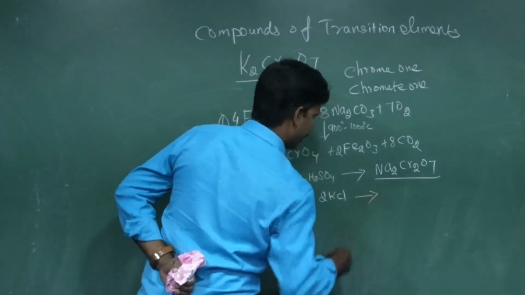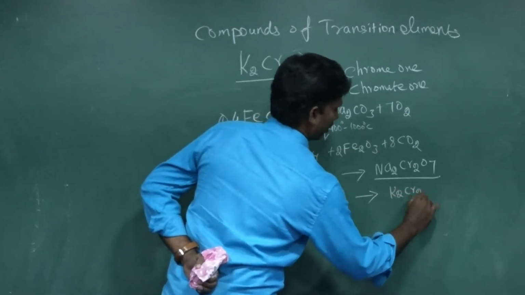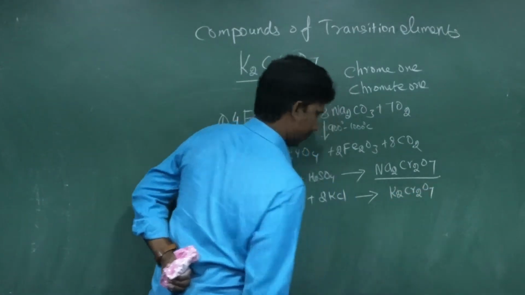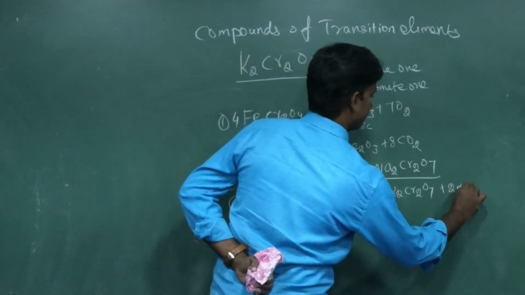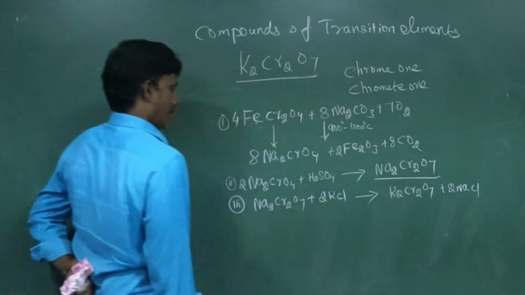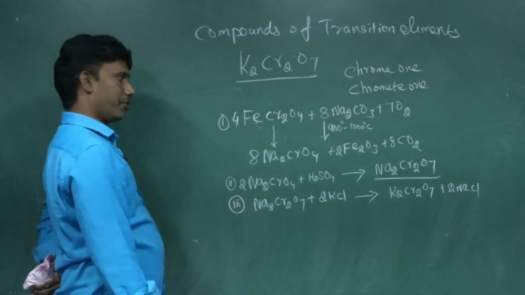There you get potassium dichromate, K2Cr2O7, plus 2NaCl.